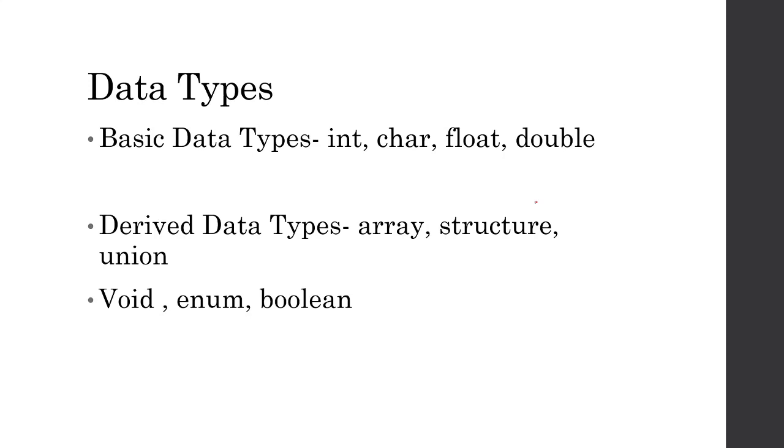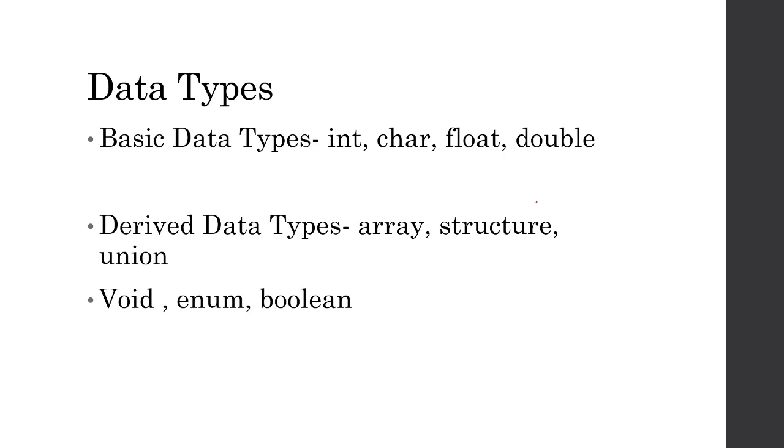We may have to handle numbers that are with the decimal points. So for handling such kind of data, we have the basic data types. The data types are integer, character, float, and double. And they are specifically written as int, char, float, and double.